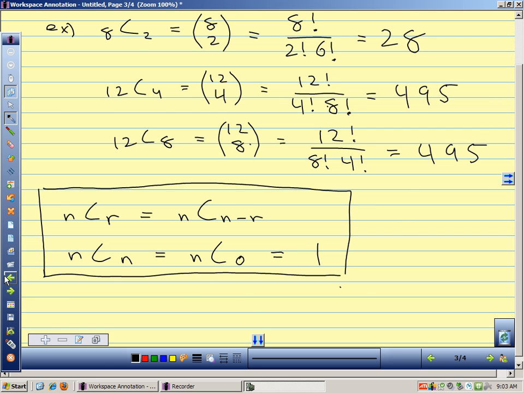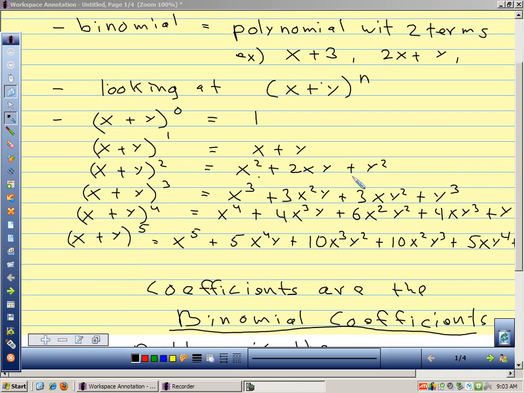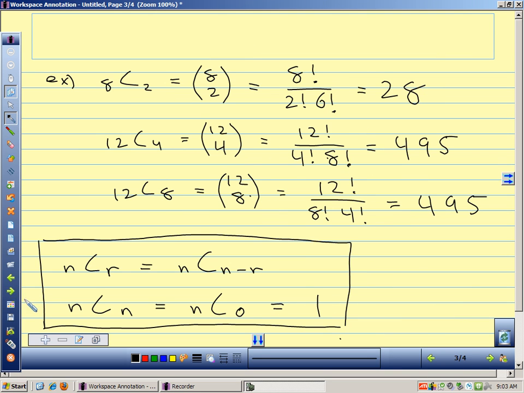Now let's go back to this pattern again. If we write just the binomial coefficients in rows and columns like this, we get a special arrangement called Pascal's Triangle.